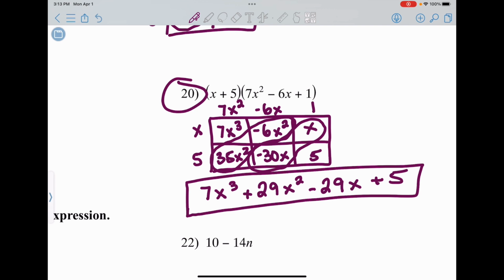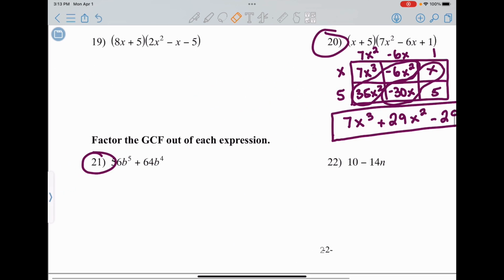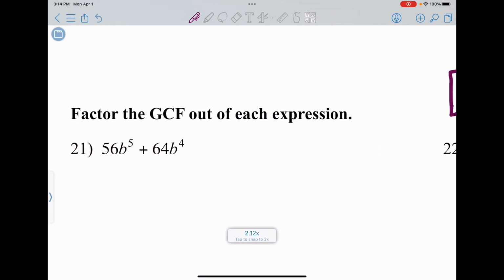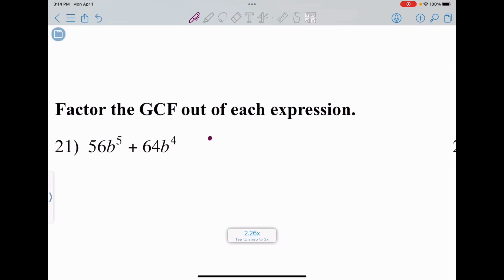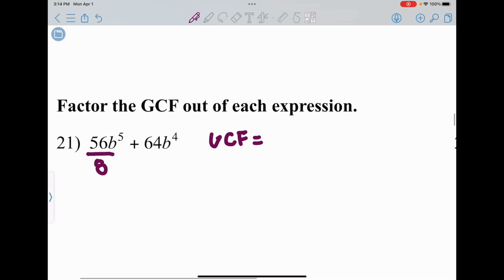Our first factoring technique that we talked about was factoring by the greatest common factor. So in number 21, I am looking for the biggest term that divides 56b to the power of 5 and 64b to the power of 4. Well, I know that 8 will divide both 56 and 64, so 8 is part of the greatest common factor.